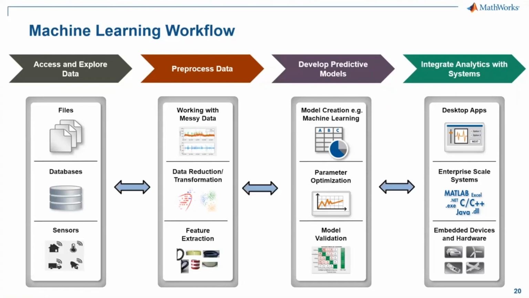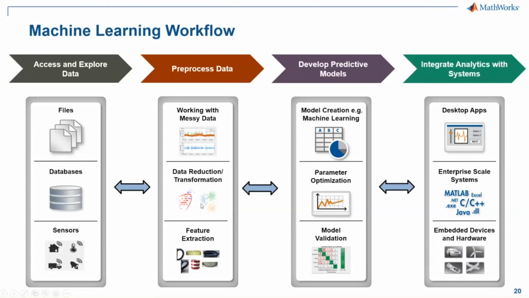And as you can see, this is not a straightforward process, right? There's a lot of iteration that will happen here. So this is why I added these arrows, right? Because maybe you're in the process of developing the model and then you realize that you need more data, right? So you have to go back and get new data. Or maybe you realize that you need to work with other features, so you go back to this step.